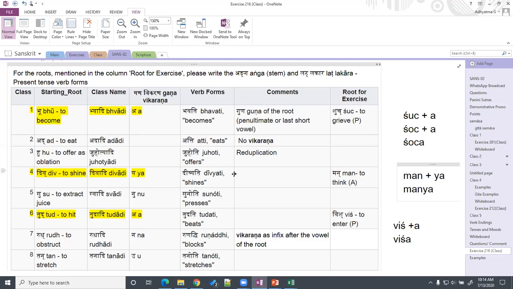And as you can imagine, if a root belongs to multiple classes, it will have multiple types of forms, and those forms will be different for one class from another. And that's primarily the reason why the root belongs to multiple classes, because there are so many forms which are available for that root. Those forms are derived to make that root available for multiple classes.